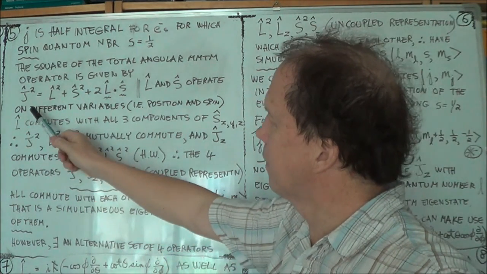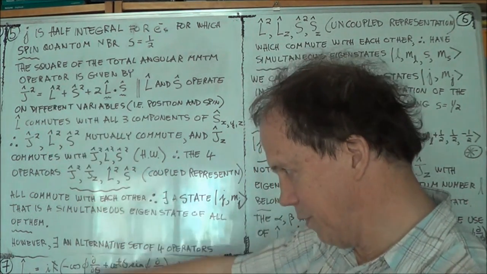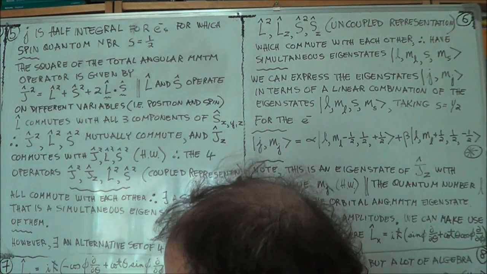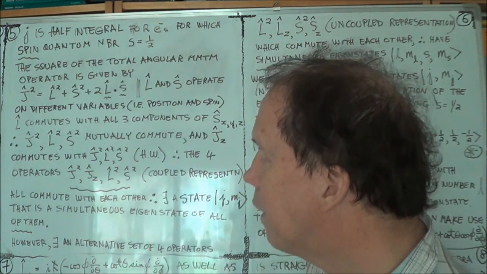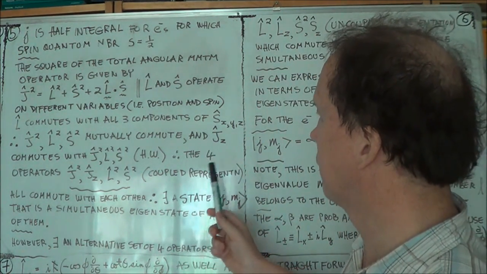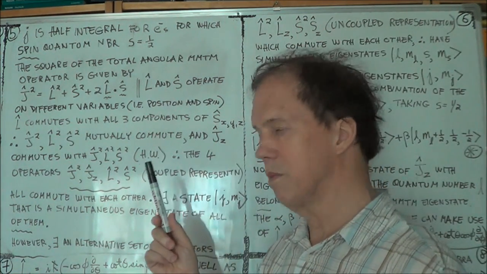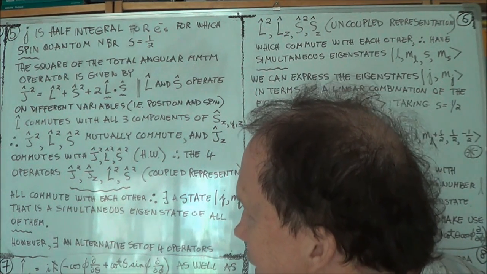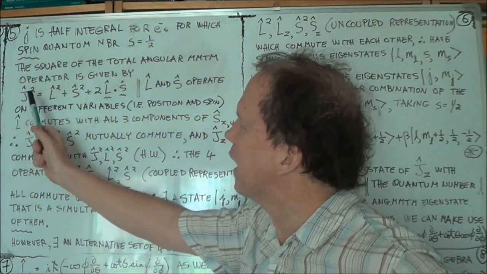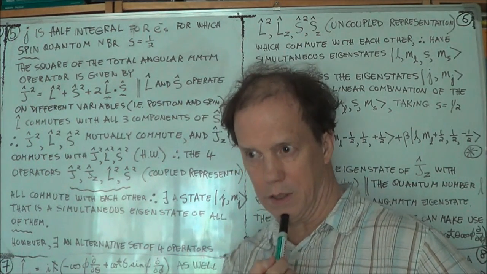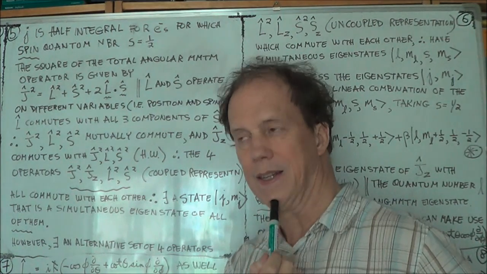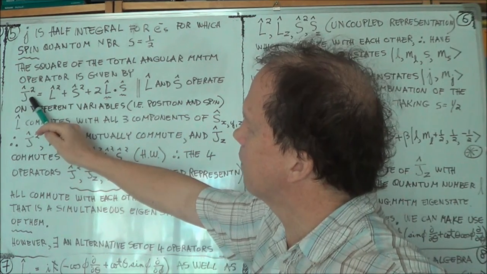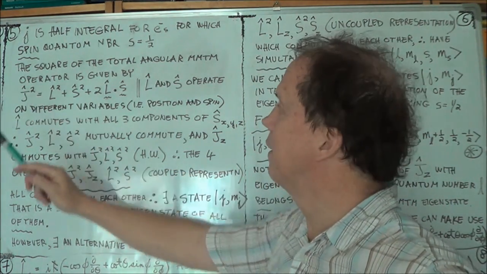Now J, from the previous session, we said had components along the Cartesian axes, x, y, and z: Jx, Jy, and Jz. Let's try and find an expression for J hat squared.